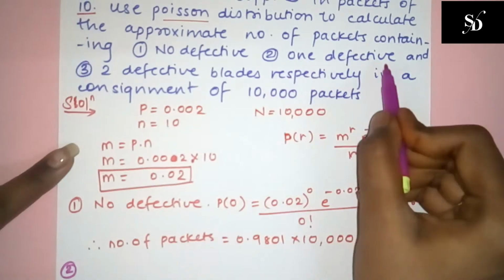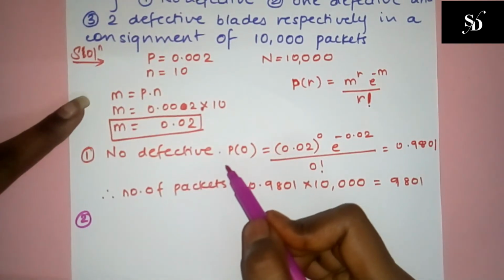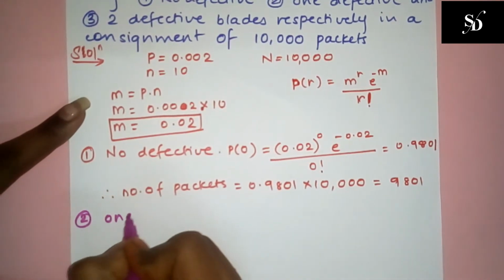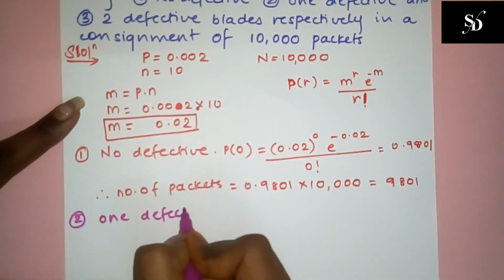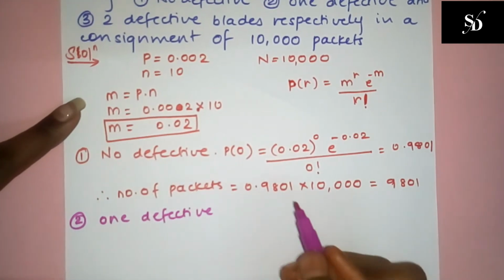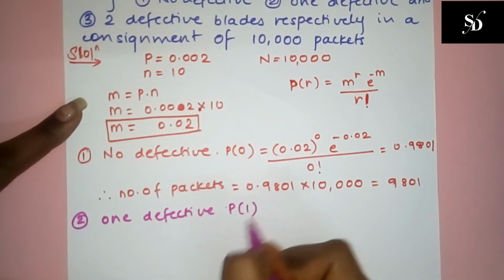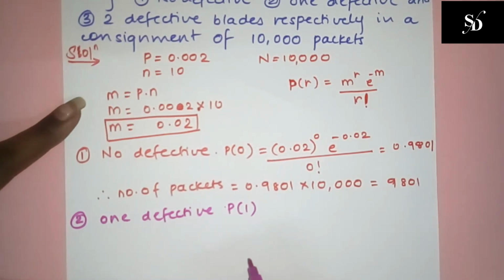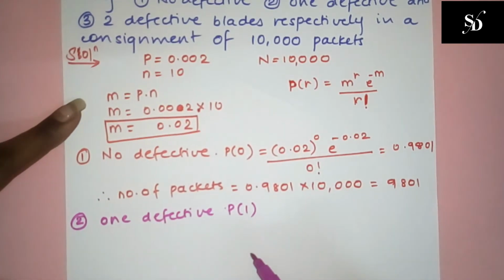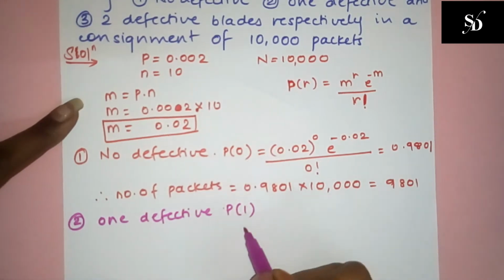Now 1 defective means P of 1. This is very simple, it is the same as the previous one. Over here it was P of 0, now it is P of 1, so we just have to put in the values.